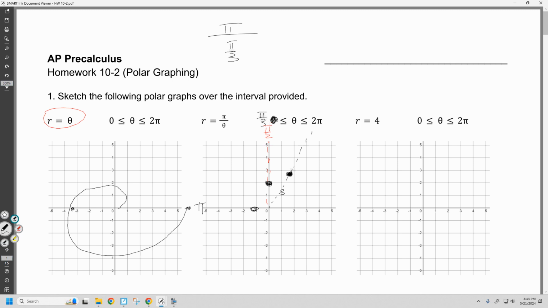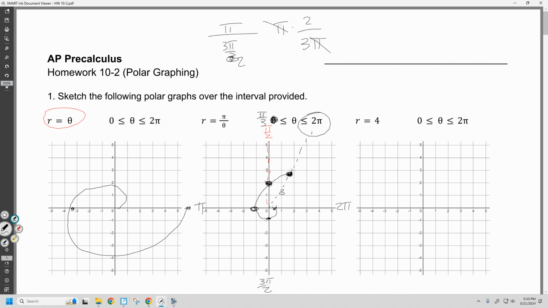Plug in 3 pi over 2. What do you get? Pi over 3 pi over 2. Well, that's the same as pi times 2 over 3 pi. The pi's cancel. What do you get? 2/3. What happens if you plug in 2 pi? 1/2. What we end up getting is an inward spiral.